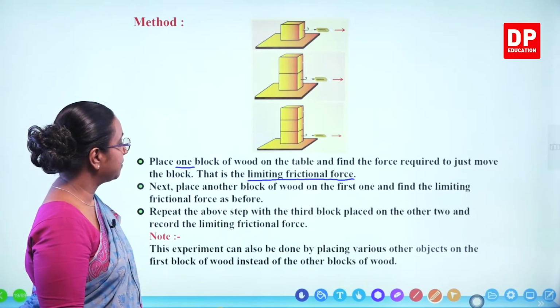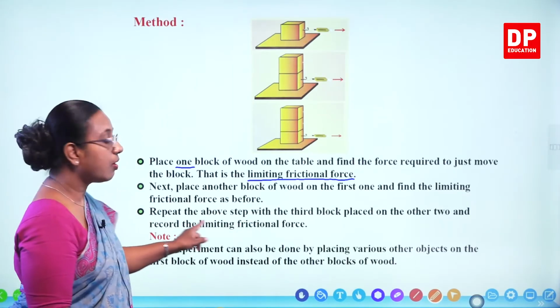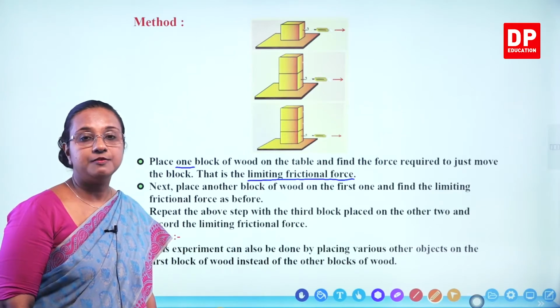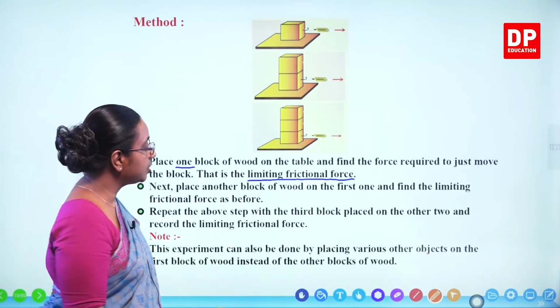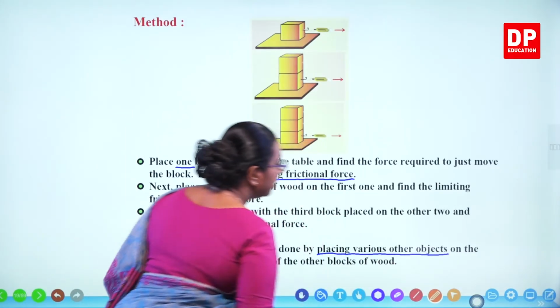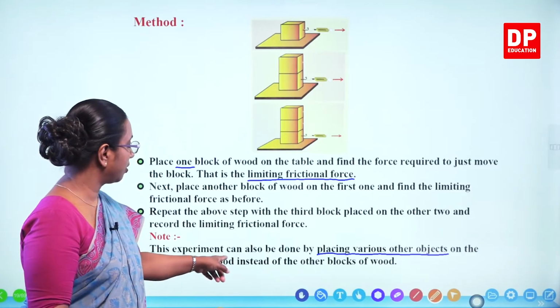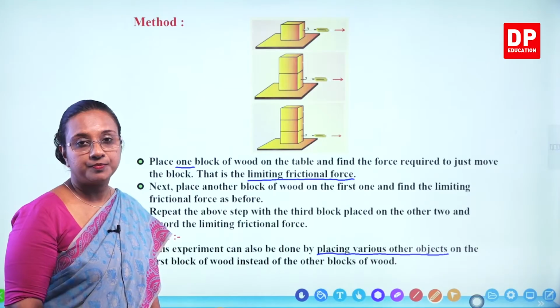Repeat the above step with the third block placed on the other two and record the limiting frictional force. And note, this experiment can also be done by placing various other objects on the first block of wood instead of the other blocks of wood.